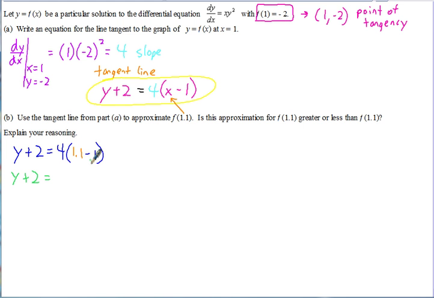So 1.1 minus 1 gives you 0.1. 0.1 times 4 gives you 0.4. And then just subtract the 2. So we end up with y equals -1.6.